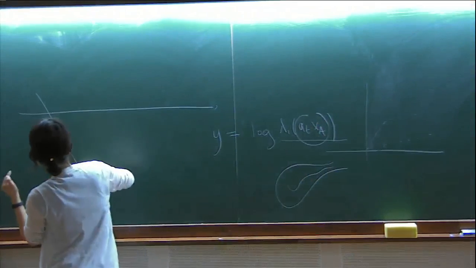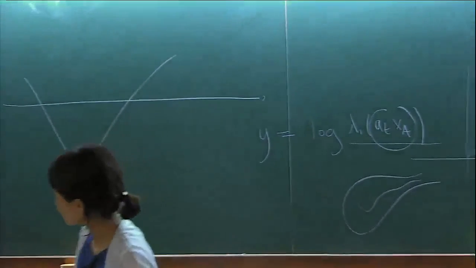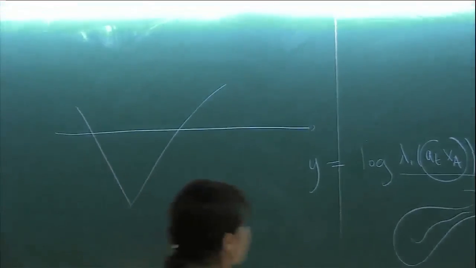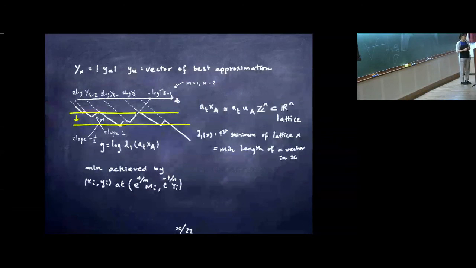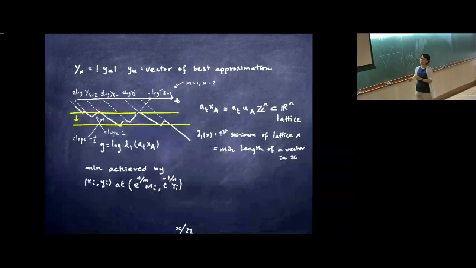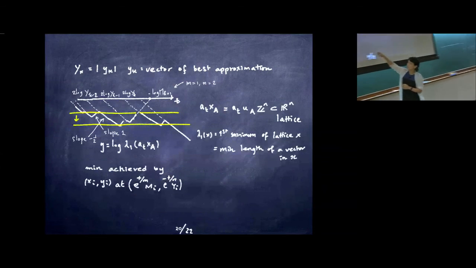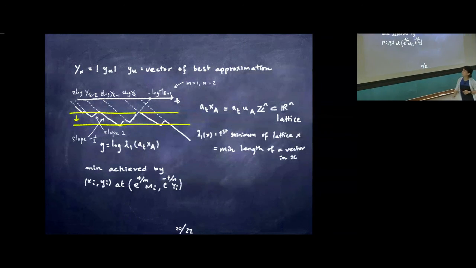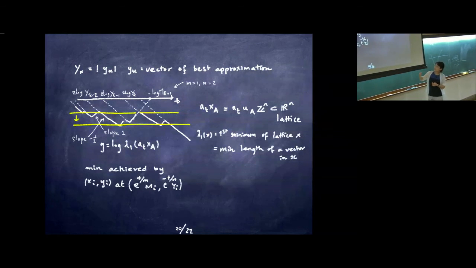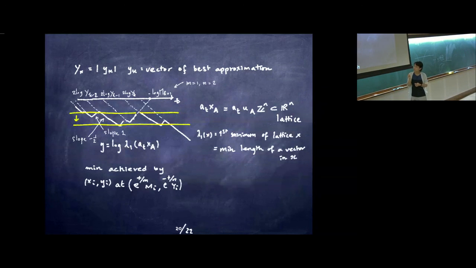Now we want to know what the picture looks like. Let me recall that in the last slide we saw that the minimum is achieved by these two numbers: e to the t over m times mi, and e to the negative t over n times yi.